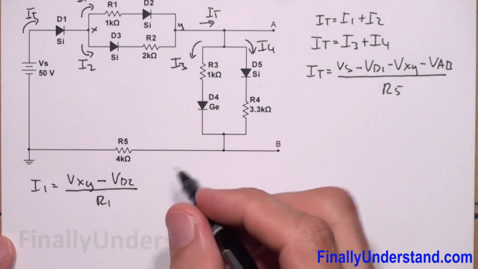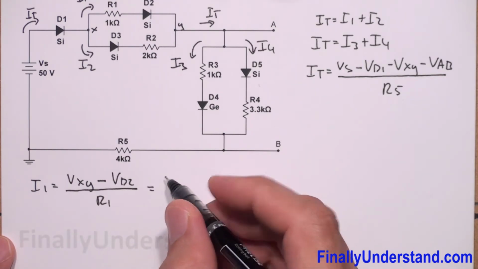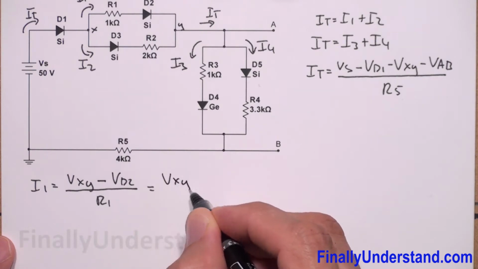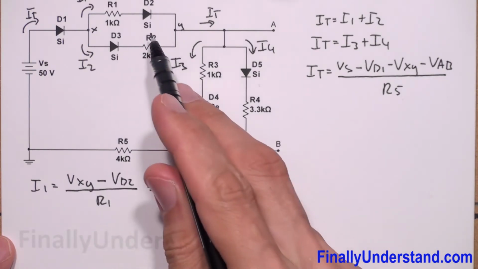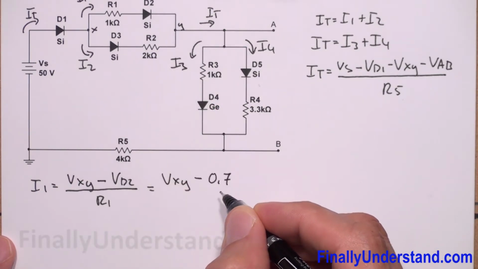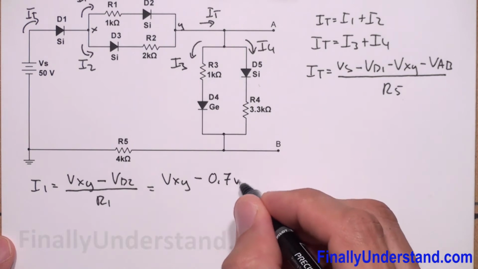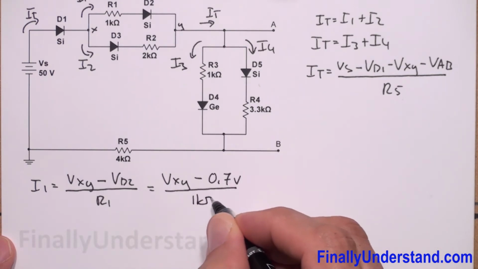So let's plug in the numbers and check what we can calculate. So I have VXY, I don't know the value yet, minus VD2, which is 0.7 volts, because this is the silicon diode, over R1, 1 kilo ohm.